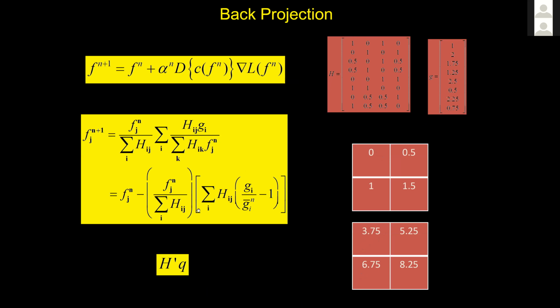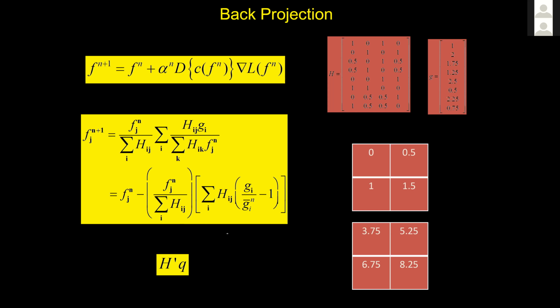Basically, you calculate the difference between your measured sinogram and your estimated sinogram, normalized by the estimated sinogram, minus 1. This difference is back projected to the image space, normalized, and then added to your previous reconstruction.